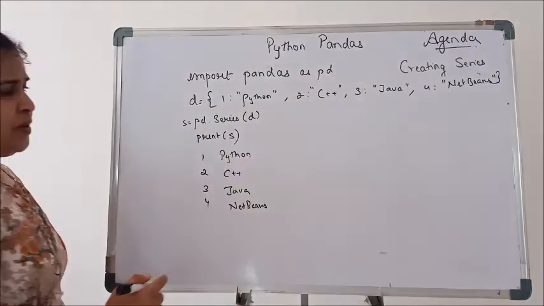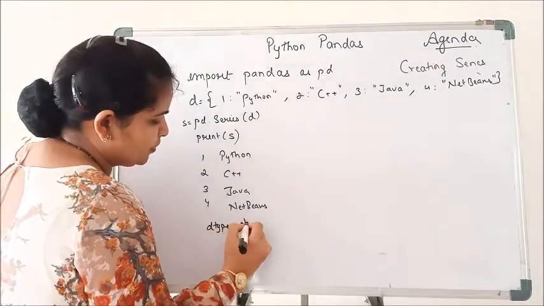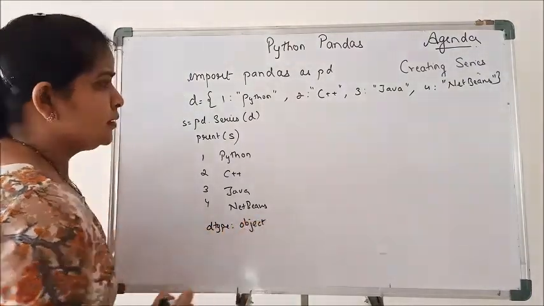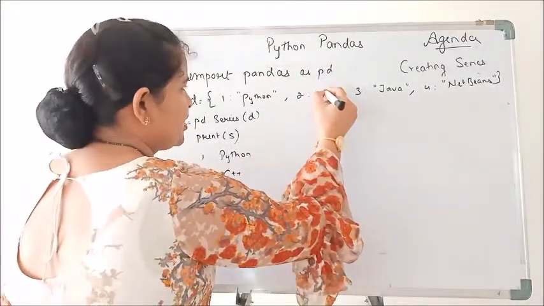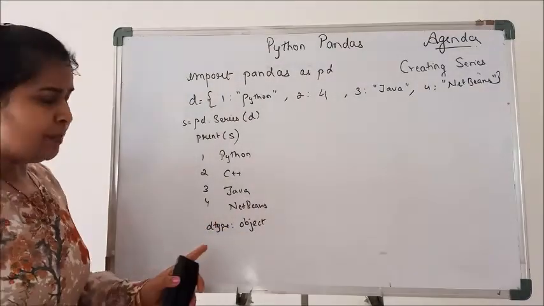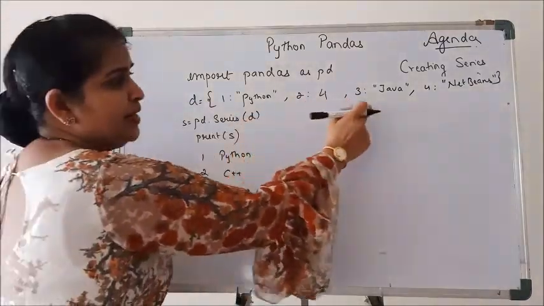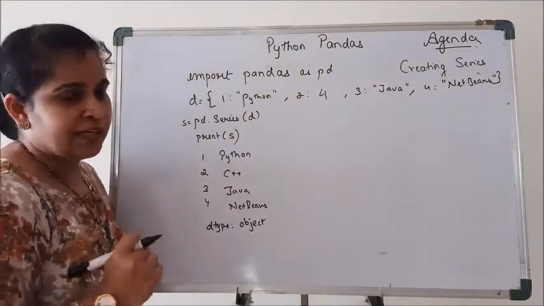In this way it will be printed, and the dtype, that is the data type, will be object, because it contains strings. Suppose instead of C++ I have written 4 here, then also the data type will be object, because we have multiple data types. So all the values will be converted into the object data type.